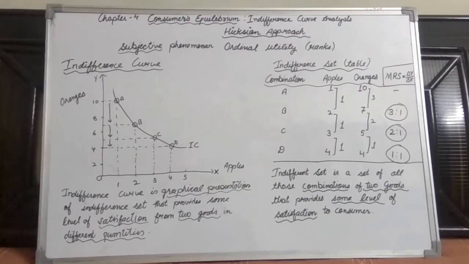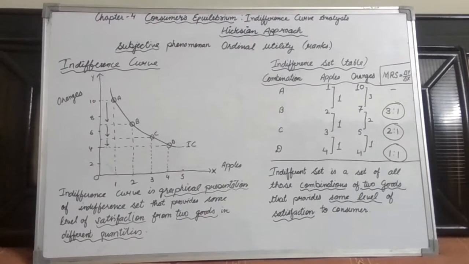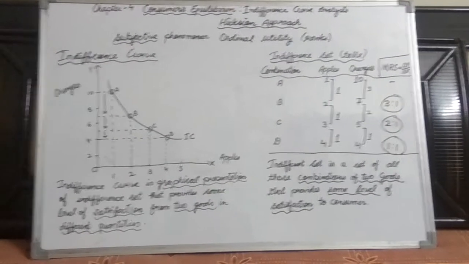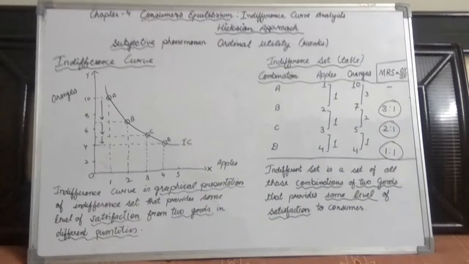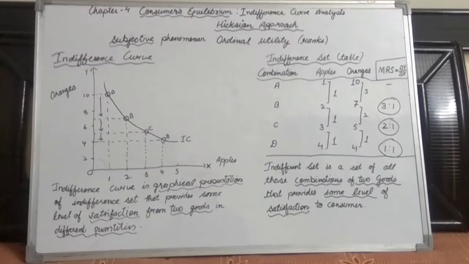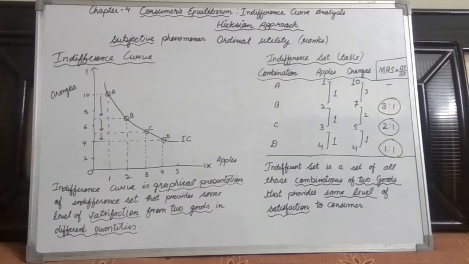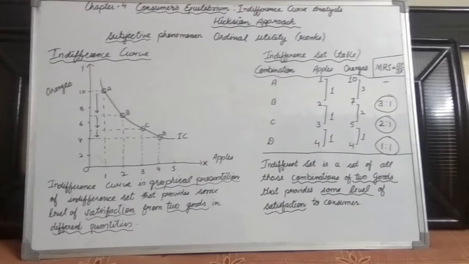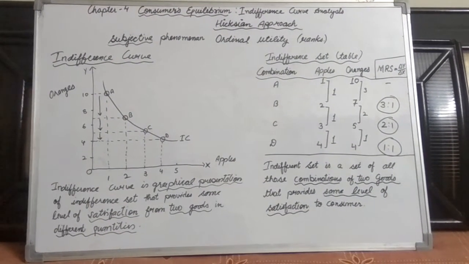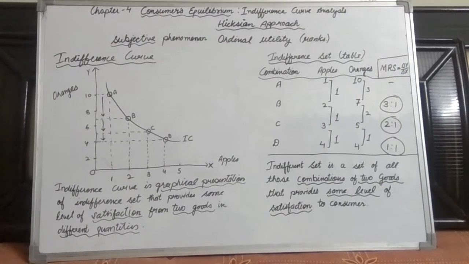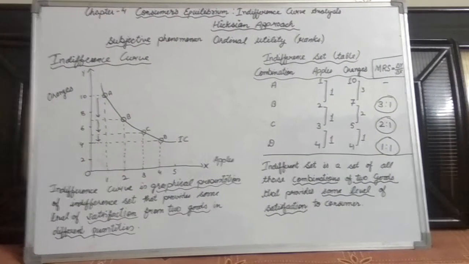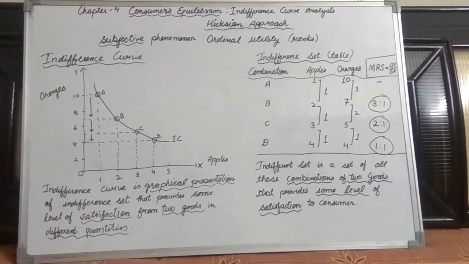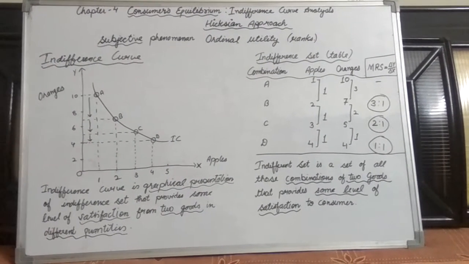So after plotting these points, we have received a downward sloping indifference curve. In this curve, all the four combinations are shown from A, B, C up to D, and by joining these points we got a downward sloping indifference curve, and this shape of the IC is termed convex towards the origin.